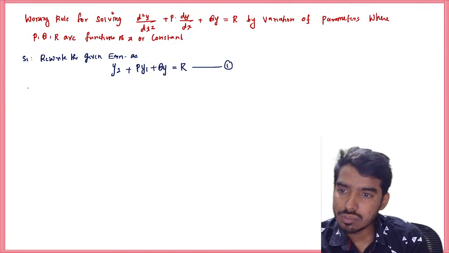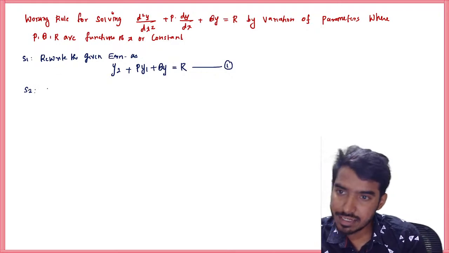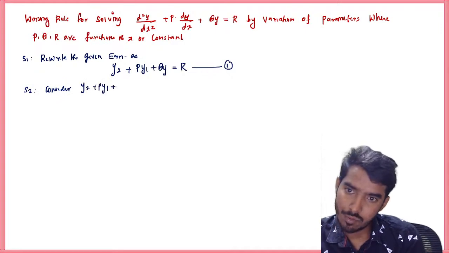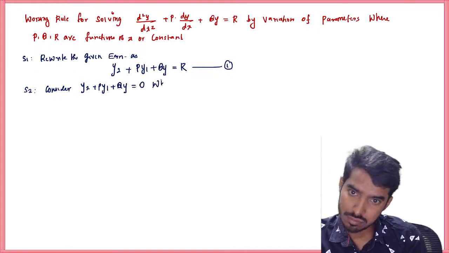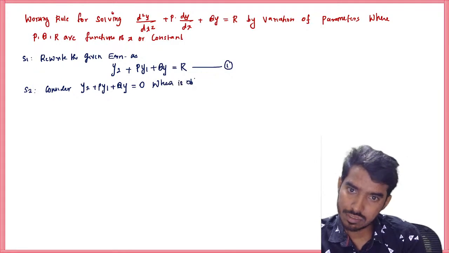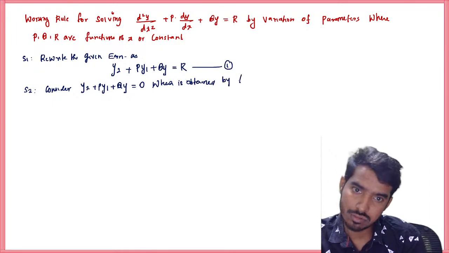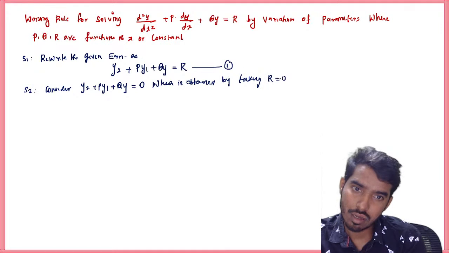Okay. Now step 2 is consider y2 plus py1 plus qy is equal to 0, which is obtained by taking r is equal to 0 in 1.